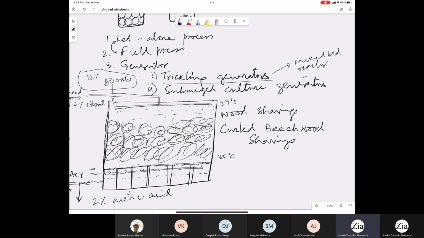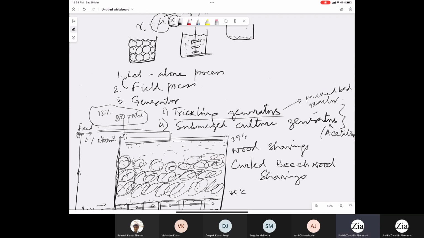So the submerged reactor or generator is also sometimes called an acetator, because in a generator you are just producing acetate or acetic acid, so it's called an acetator. Now, the advantage of the submerged system is you have much higher control on the process, because you can use sophisticated control units to manipulate or change the speed of the stirrer.